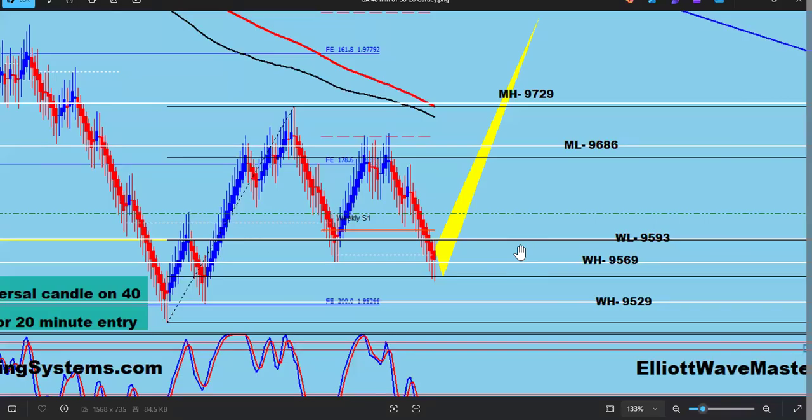If it is moving too fast, or if it is off of big news, then hold on to it. It might go 100, 120 pip in a straight line. But if you see it stopping around 40, 50 pip, you close it, and then it comes down a little bit and creates a 20-minute entry. Then you take that entry again.